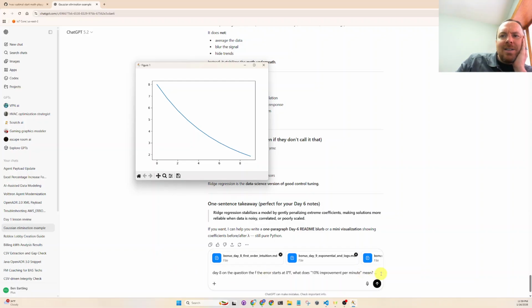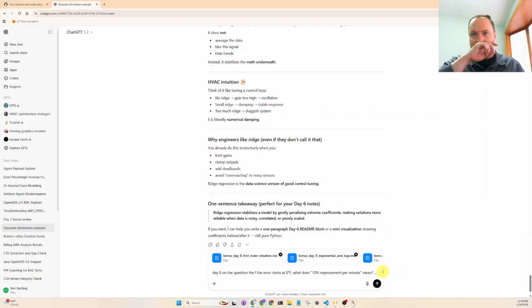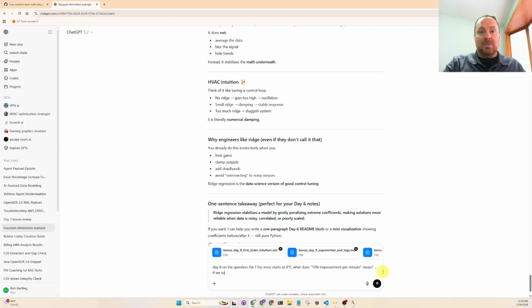I'm just going to say 10% improvement. That would be, okay, so if we turned error into a percentage, then at each time step, I guess it depends.